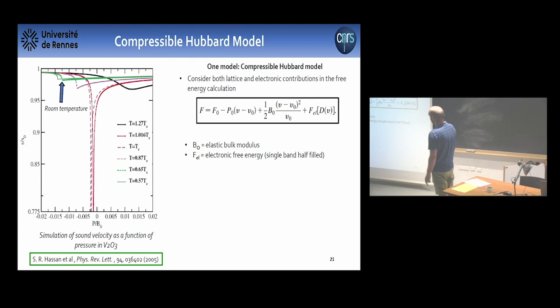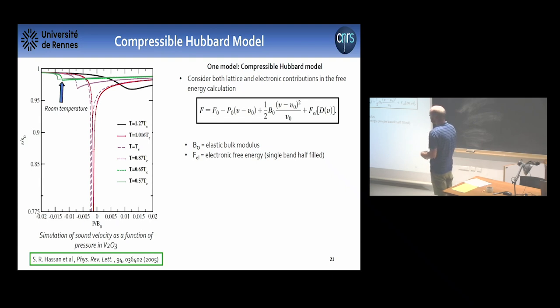And what they did observe is that basically what is plotted here is the evolution of the sound velocity as a function of pressure, when you cross this Mott transition. And as you can see, you have this kind of pronounced softening. Then it's increasing again, and you reach something which is somehow similar to a plateau-like or a really weak dependency.